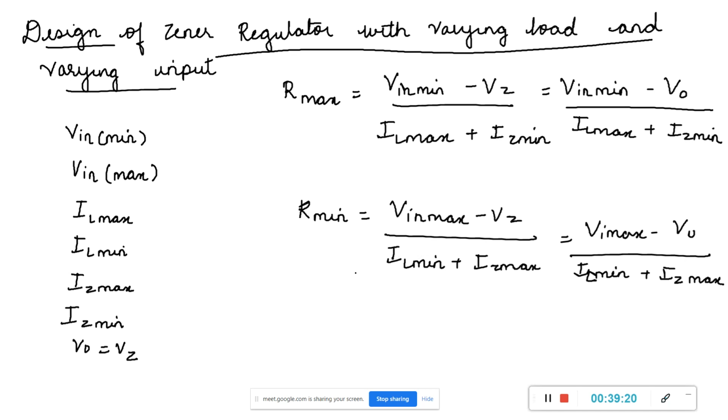So these are the two equations for the condition. Okay, so overall we can see that when the Zener diode is operated in the breakdown region, the voltage across it is constant, and the current varies up to a certain limit.